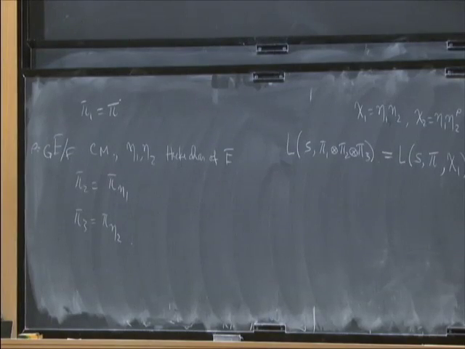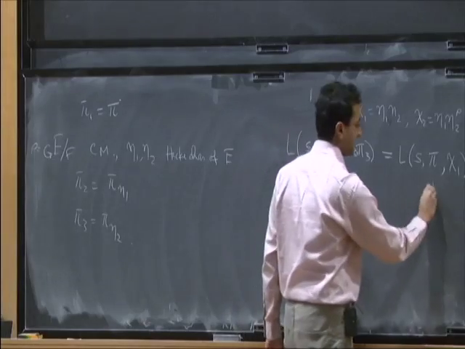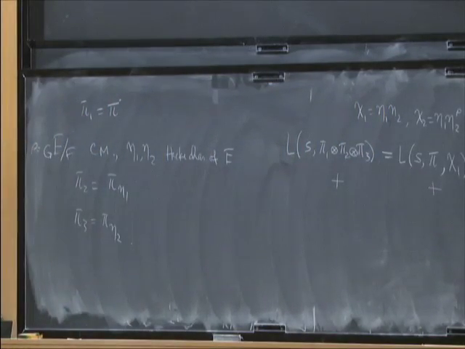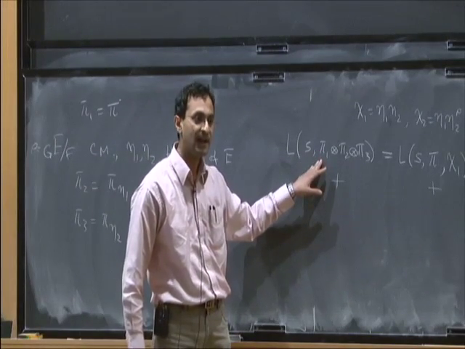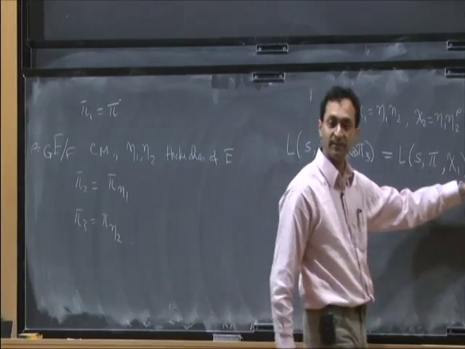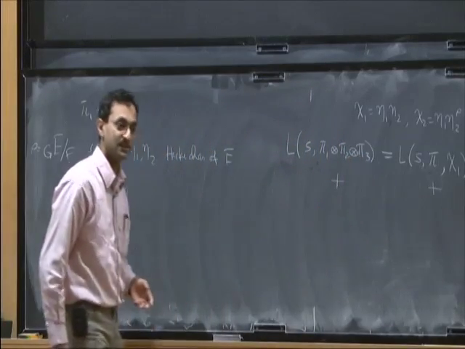Okay. So you can ask the following question. Let's put ourselves in a situation where the signs are all plus. Then you have one formula for this guy. The central value L half is some period integral in a quaternion algebra, and likewise you have formulae for these two. Except you're going to get 3 different quaternion algebras in general.